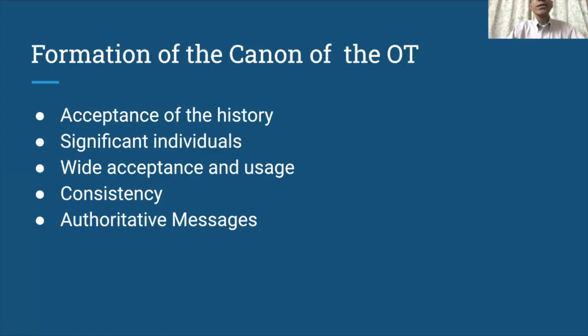What did they consider to be significant? Who did they consider to be significant? See, that second point: significant individuals. The stories of those people, the experiences of those people were accepted into their history, into the canon.